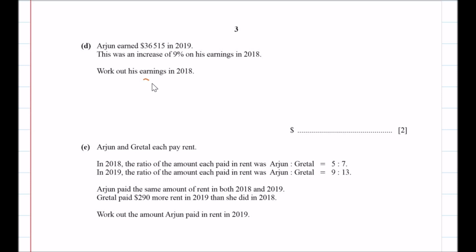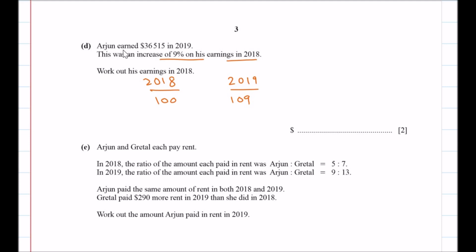Let us write 2018, 2019, right? It says this was an increase of 9% on the earnings. So 9% increase means if it was 100 in 2018, in 2019 it became 109.